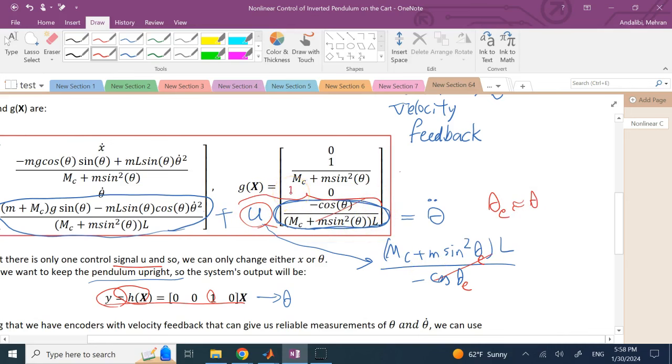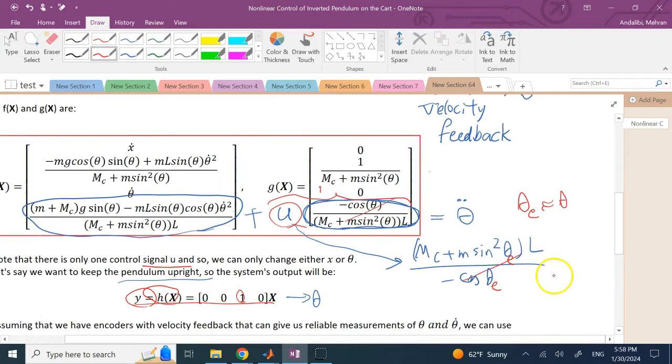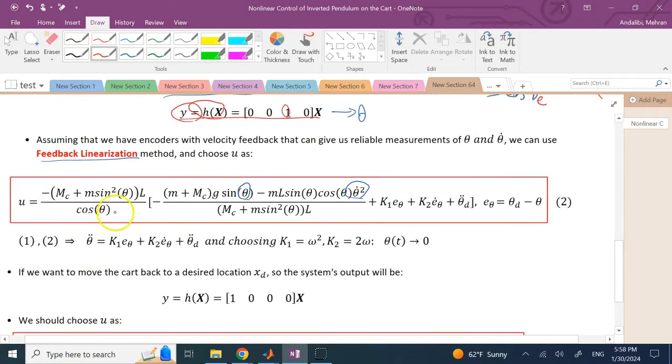You see, I could get rid of the nonlinear term in G by selecting the reciprocal of that term in G. I can get rid of it. But how do I get rid of this huge term here? Well, the way you do it is you say u is not just this, it's this one. So when you multiply it by that, now you bring this extra term and say, well, this is that reciprocal that I showed you.